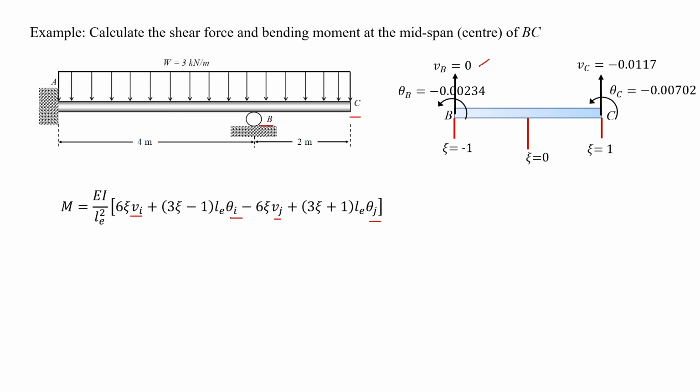We have defined VB equal to 0, and theta B, VC and theta C as shown in this figure.